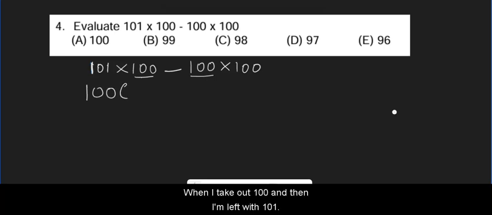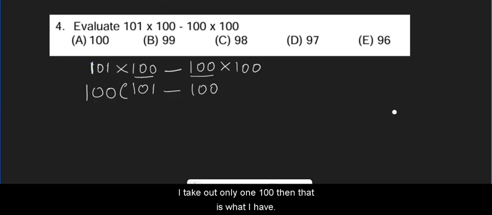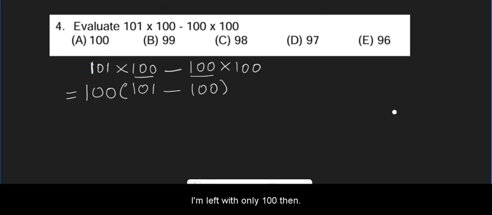When I take out 100, I'm left with 101. If I multiply this 101 by 100, I'll get the 101 times 100 minus, I take out only 100. Then I'm left with only 100. Then now I know how to simplify this.